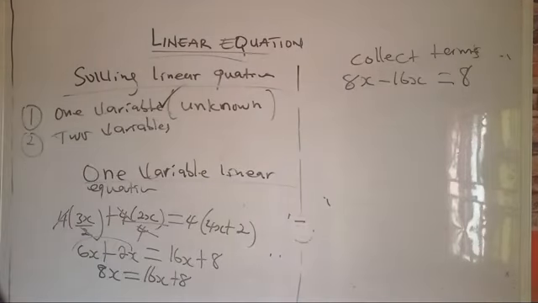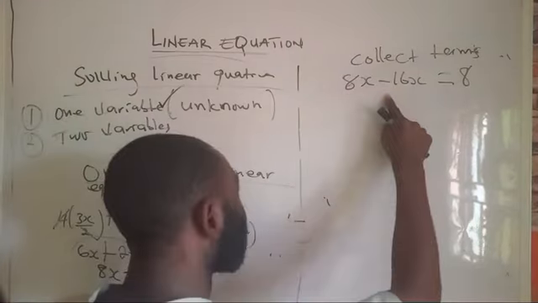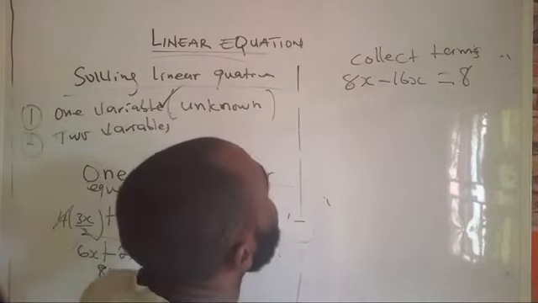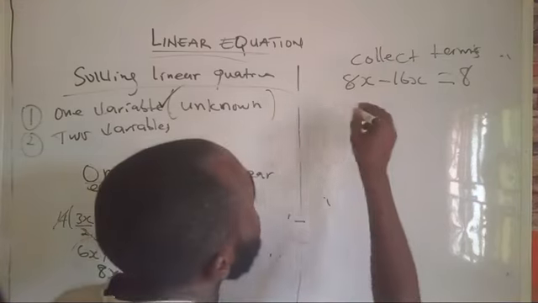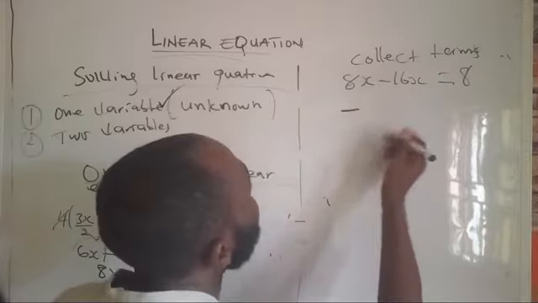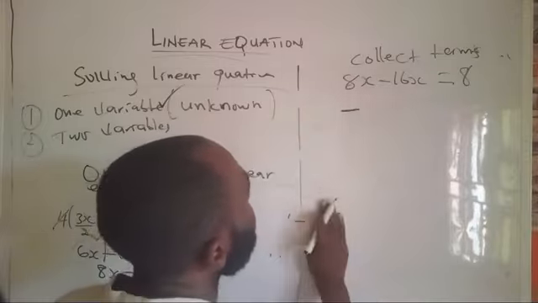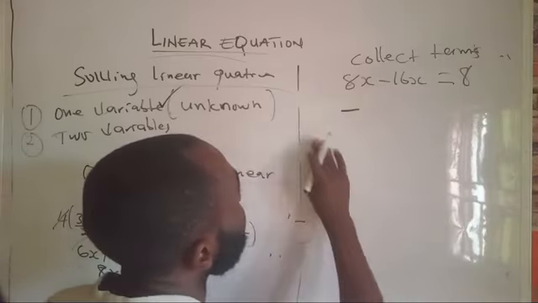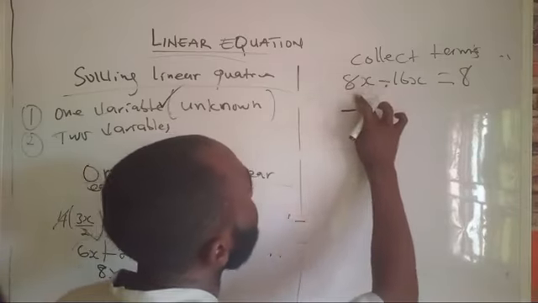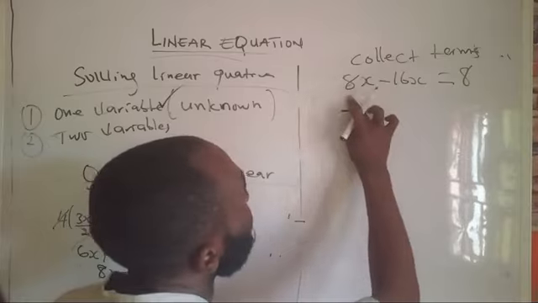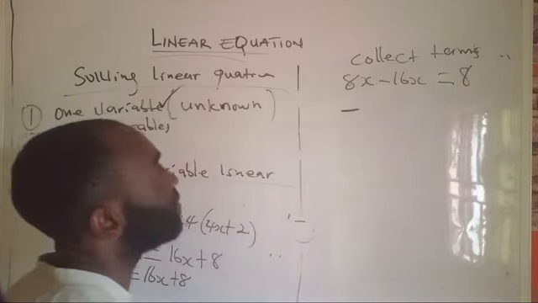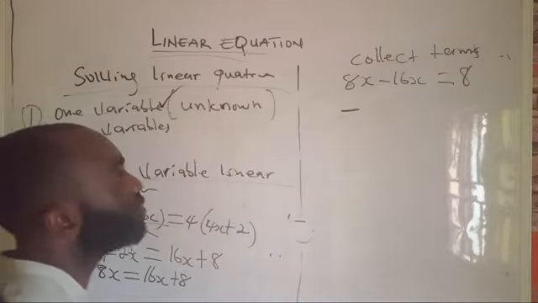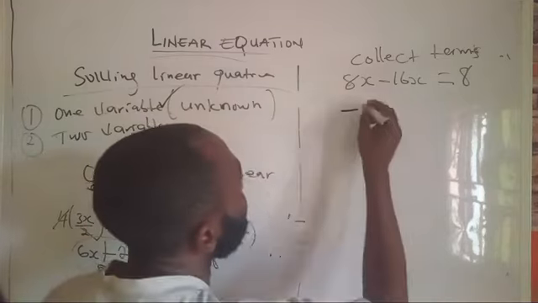So here 8x minus 16x gives us minus. When a small number minuses a big one, it always gives you a minus sign. You're having 8 positive and you're having 16 negative, which means when 8 reacts with 16, you still have minus 8.